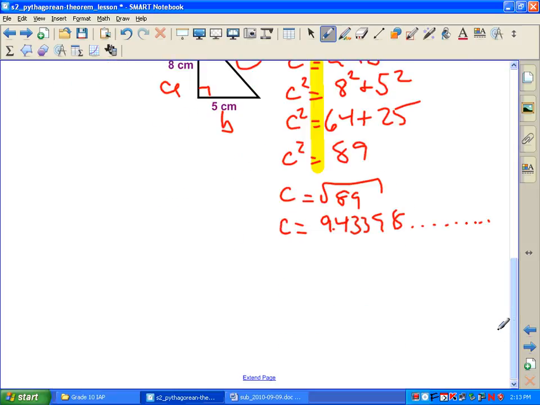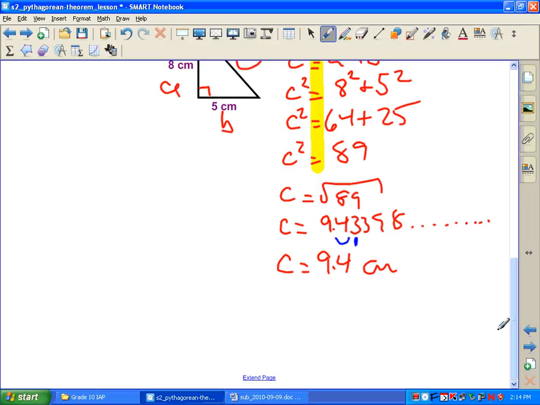If we're rounding to the nearest tenth, that means we're rounding to one decimal place. So we look at the number directly to the right of it. If it's 5 or greater, it would bump the 4 up, but it's not. So it keeps that 4 a 4, so we get C equals 9.4 centimeters. So that is the length of the hypotenuse in the second question.